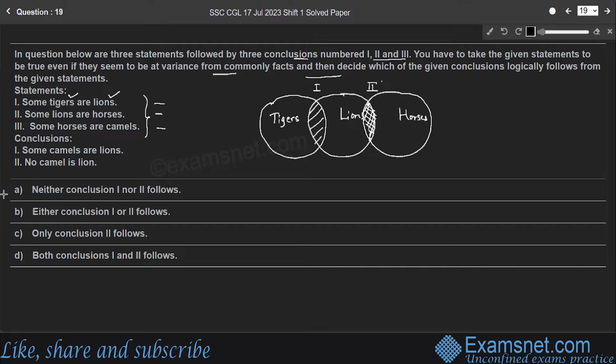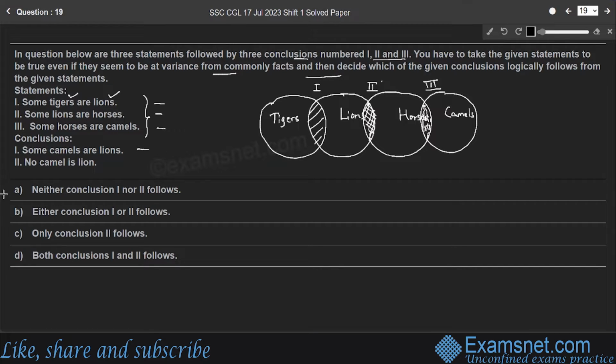And the third one, some horses are camels. So there is a set of camels, and this common portion represents the third statement. Now come to the conclusion part.